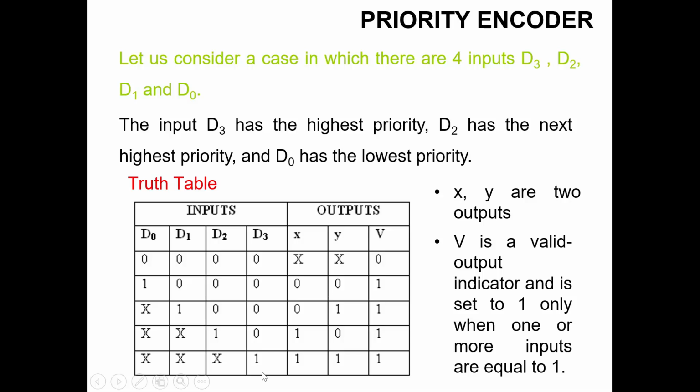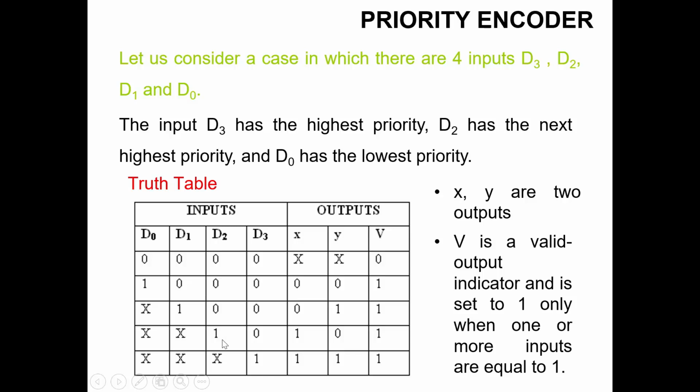Since D3 has the highest priority, if D3 is 1, then D0, D1 and D2 can have any value. It may be either 0 or 1, as indicated by the X. Similarly, if D3 is 0 and D2 is 1, then D0 and D1 may have any value.